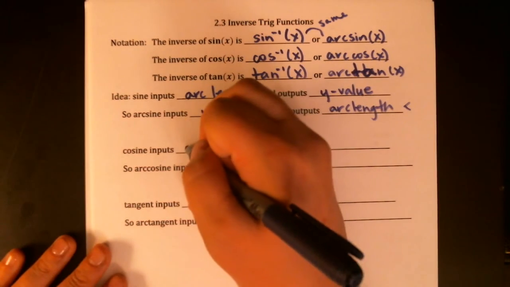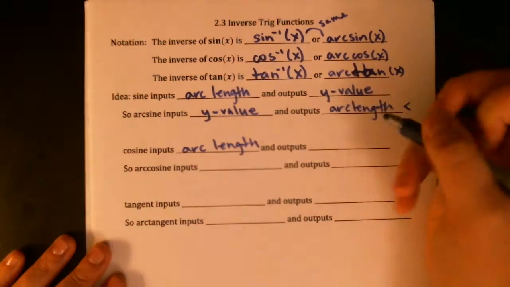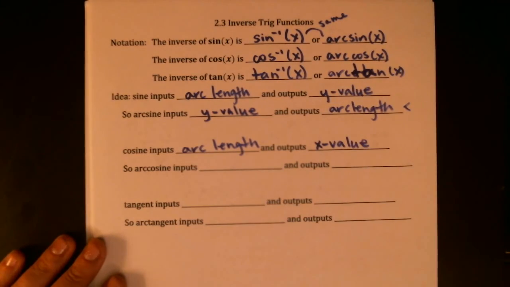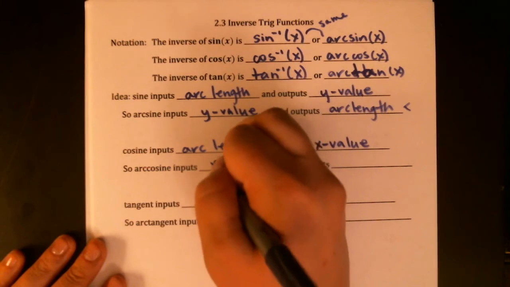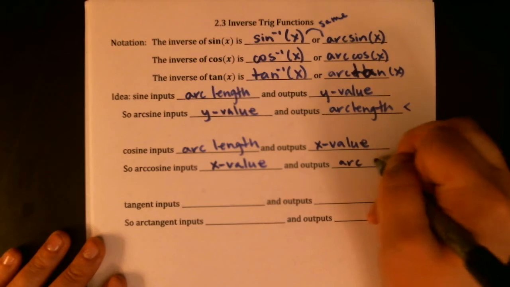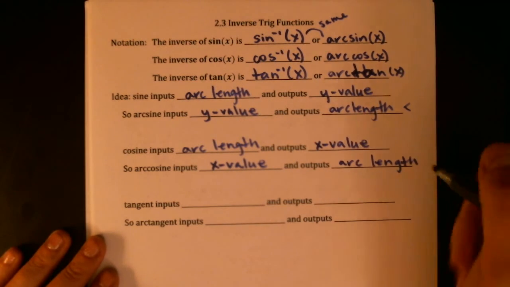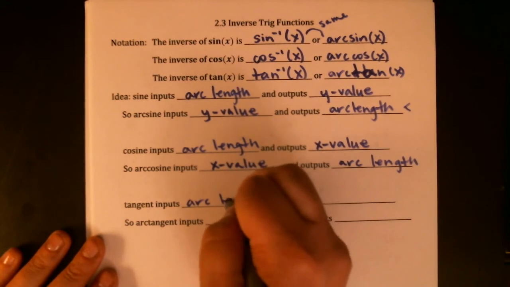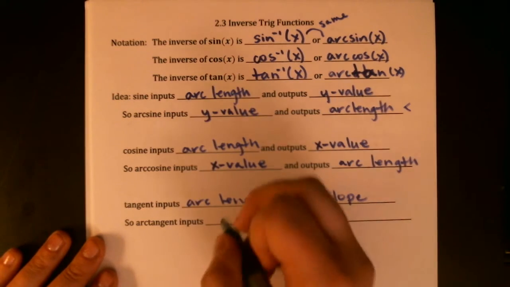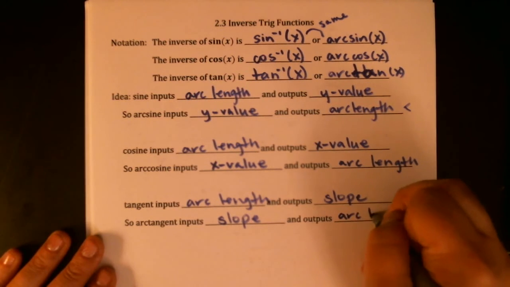Okay, and likewise for cosine, cosine inputs an arc length and outputs an x value, which means arc cosine will input an x value and output an arc length. And then for tangent, tangent is going to input arc length and output slope, which means arctan should input slope and output arc length.